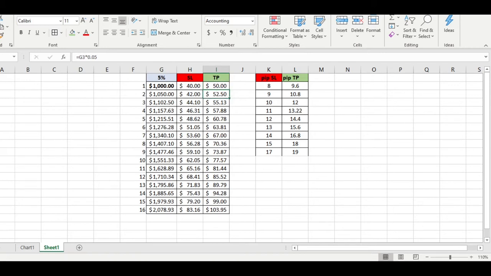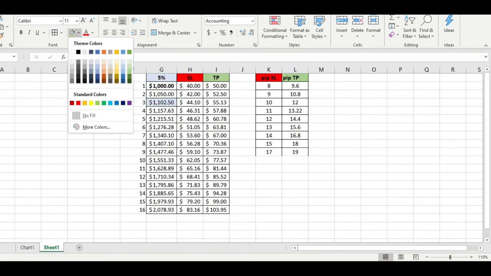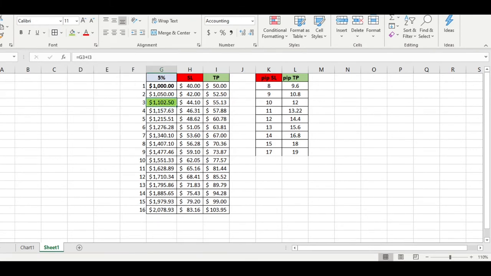So you would have been now here. I'm gonna mark it in yellow so that we can know where we are at. That was the first trade, guys. Can you see it? You risked 5% and you made 10 in just one trade. That's it. Now you're here.